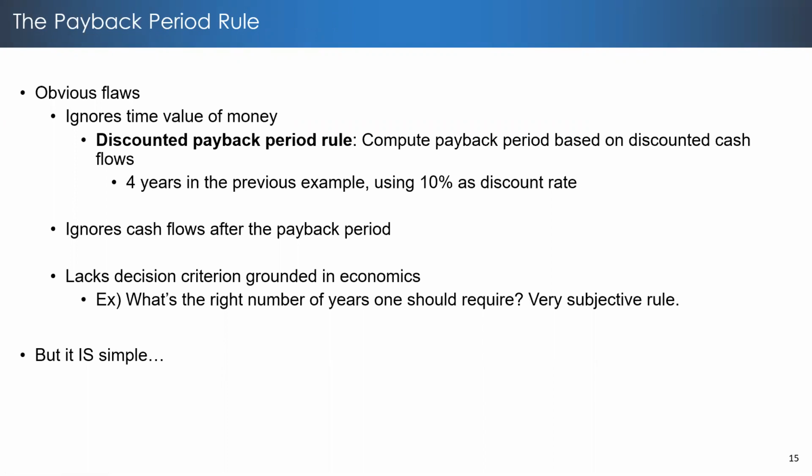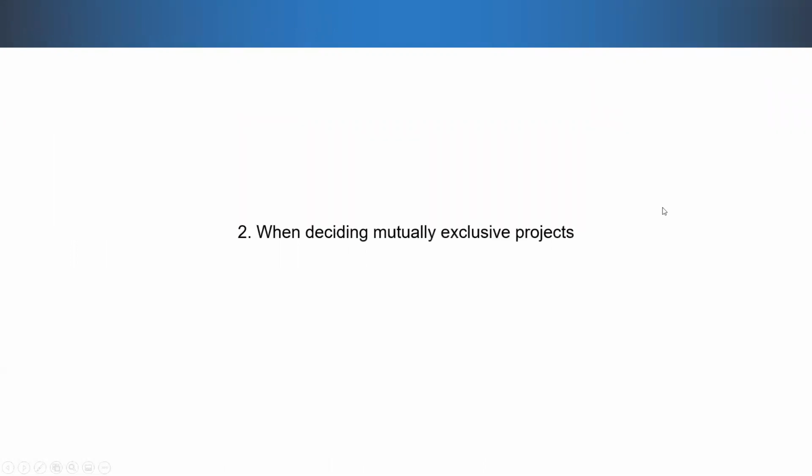So a lot of people still use this payback period rule as one of the rules to make decisions for their projects. Okay, so this is basically the first scenario, when we have only one project, and we make the decision on taking it or not. And we have three rules. Net present value, positive or negative, we take it or reject it.